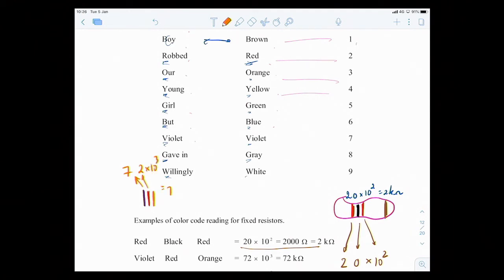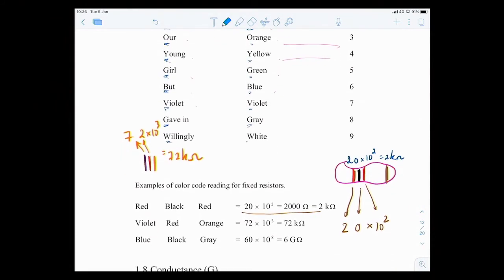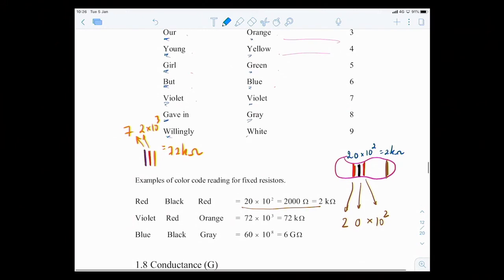So this is 72k ohms. As simple as that. If you do a lab, I'm not sure whether you have one testing your skill in the color code or not. So that's about resistors.